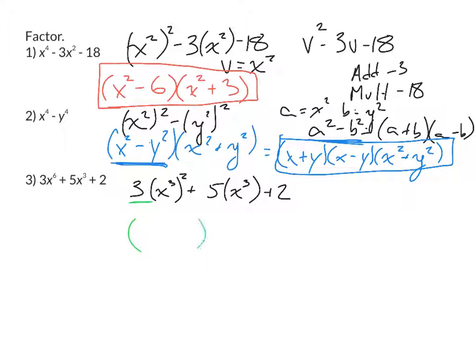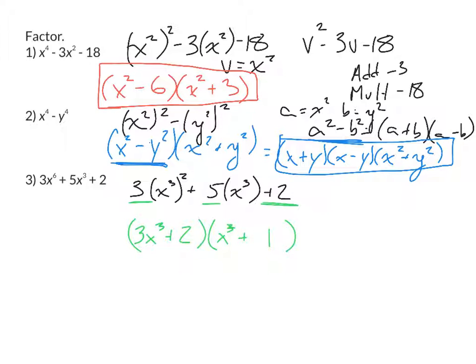So when I do my 2 sets of parentheses, what multiplies to make 3x to the 6th? Well, we want a 3x cubed and an x cubed. And I need numbers at the back end that multiply to make 2, and somehow when I FOIL these back together, we have to make 5 in the middle. And what we'll have here is a plus 2 right there, and a plus 1 here. This is supposed to be cubed. There we go, we'll fix that.